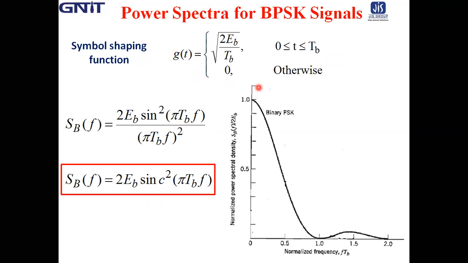The energy spectral density of a Fourier transformable signal g(t) is defined as the squared magnitude of the signal's Fourier transform. Hence, the baseband power spectral density of a binary PSK signal is S_B(f) equal to 2Eb sin square (pi Tb f) by (pi Tb f) whole square, which is 2Eb sinc square (Tb f).